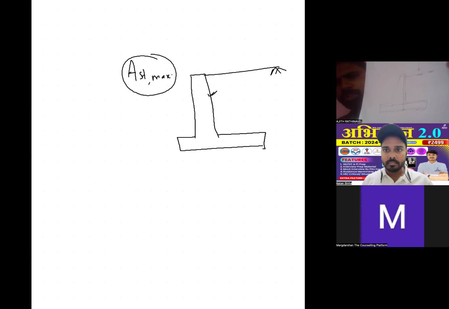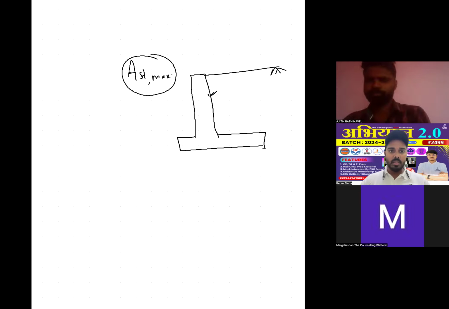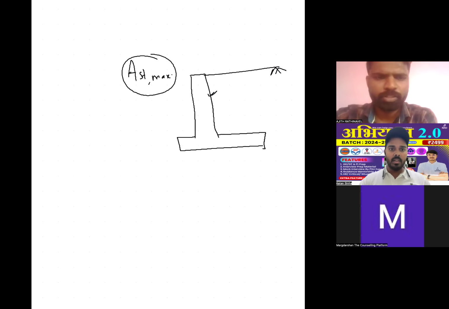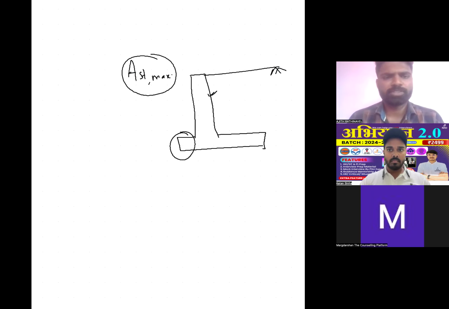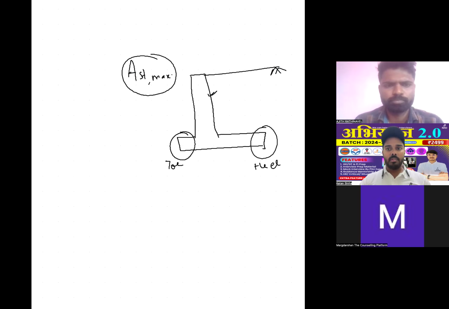Fine. So which part is heel and which is toe here? Tell me whether this portion is heel or toe. Sir, that portion is toe, sir. Okay, this is toe and this is heel. If we have to check the stability against overturning, about which point will we have to check?